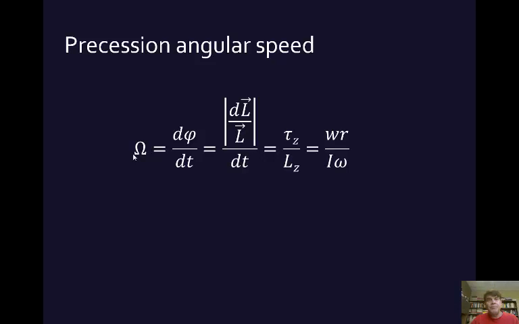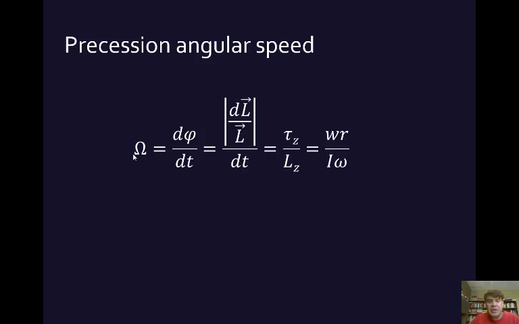If delta phi is the change in angle, if you think of the precession as a circle, then that change in phi per time is another way of saying omega, precession angular speed.